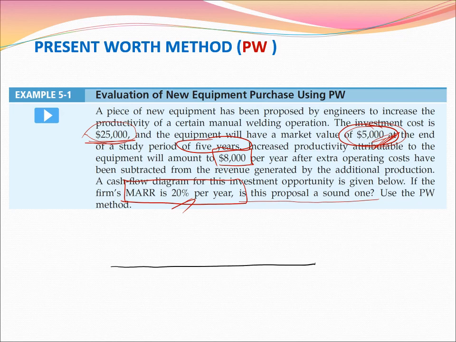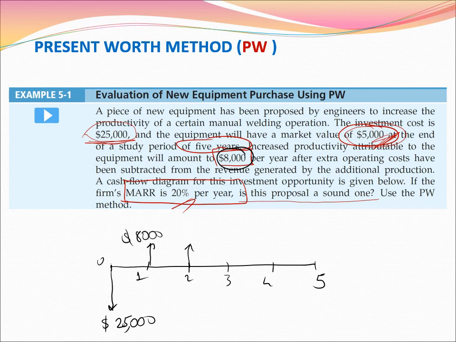Initially at time 0, we have an initial investment of $25,000. Then at the end of each year, for 5 years, the project lifetime, we have $8,000 of net profit after subtracting the cost.